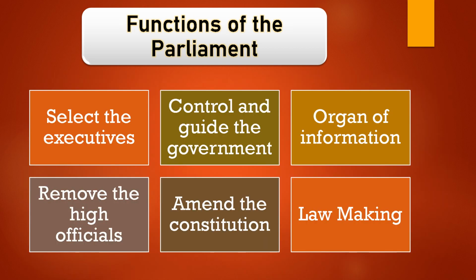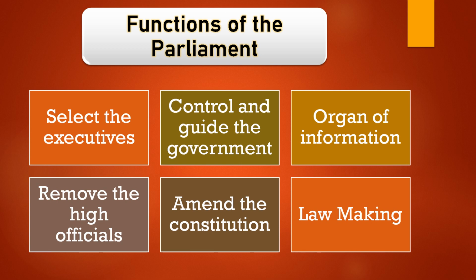So now let us know what are the functions of the Parliament. Some major functions of the Parliament are here, in which the first is select the executives. So friends, as we all know, a political party must have the greatest representation in the Parliament to form a government, and after being a ruling party, its leader becomes the head of the government, that is the Prime Minister.